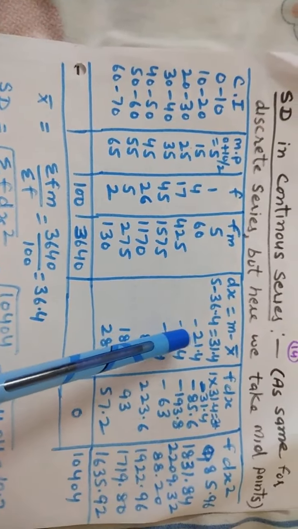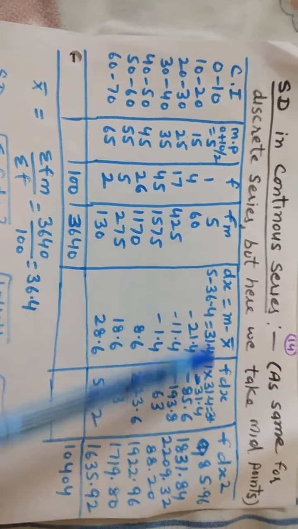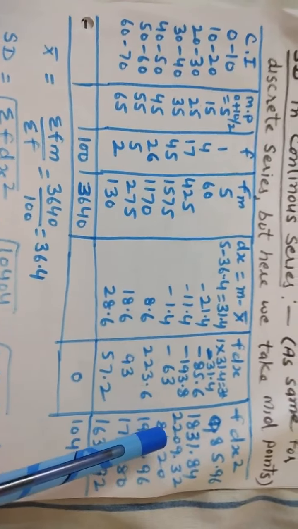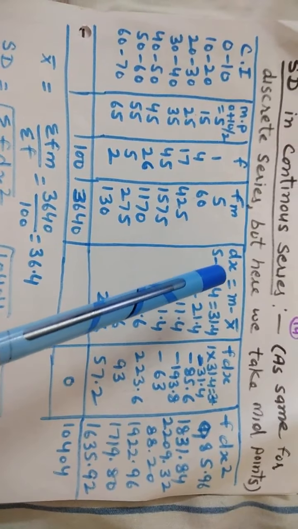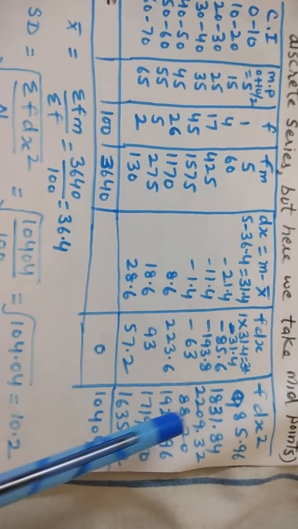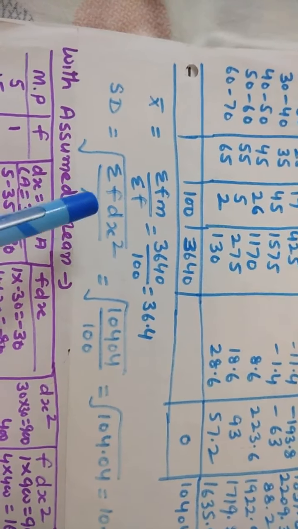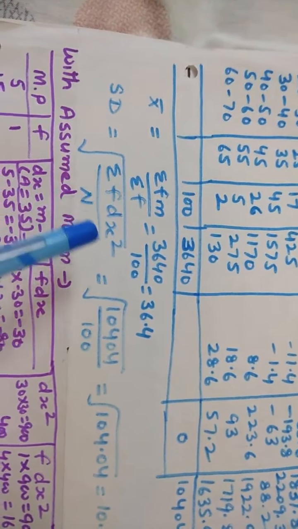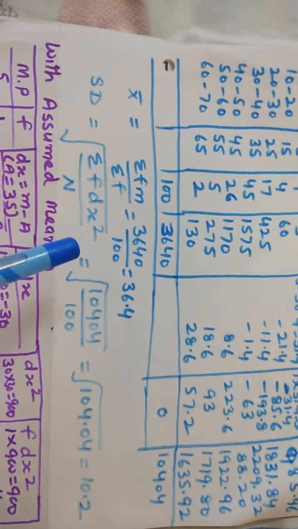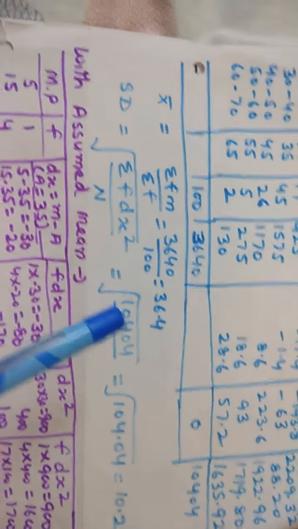Take deviation from mean, then multiply dx with f, we get f dx, and then first square the dx, then multiply with f, we get f dx square. Then apply formula standard deviation summation f dx square over n when we are doing with the direct method, and take square root, we get 10.02 as standard deviation.